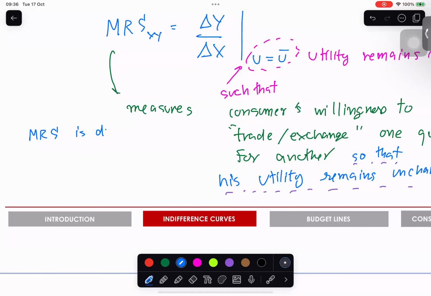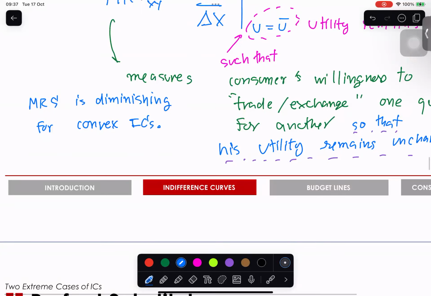MRS is diminishing for an indifference curve that looks like this, a convex IC.